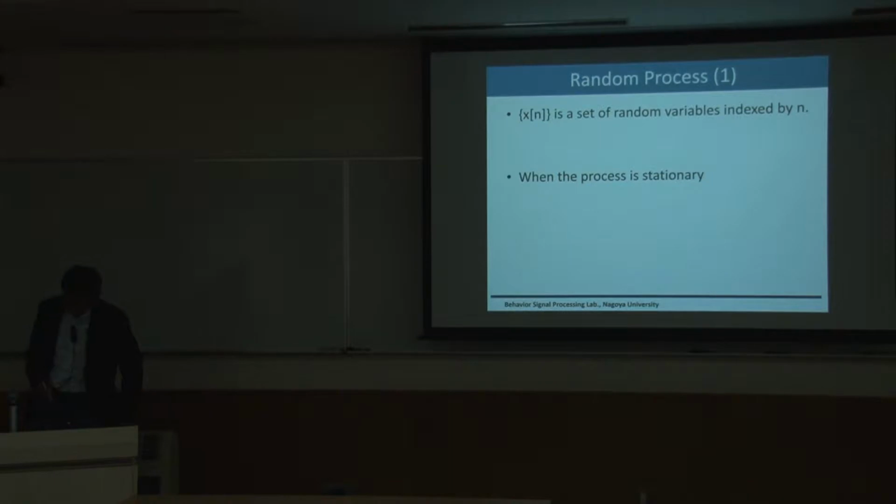So the definition of the distribution function, as you know, is like this: the probability that the value x_n is smaller than small x can be described by one distribution function F sub x_n, denoted by x.